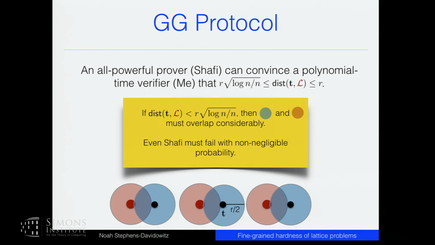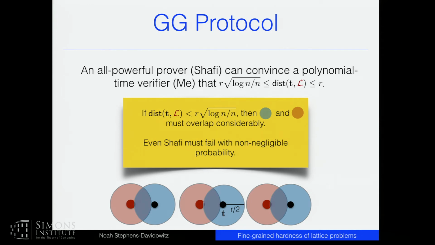And this root n over log n is just sort of how this works out in high dimensions. So no matter what Shafi does, if I pick this point here, she's not going to be able to tell me whether it came from the blue set or the red set because it's equally likely. Right? So this is a sort of funny notion of proof where the way Shafi proved something to me is she just proved that she could do something. She didn't argue about it.